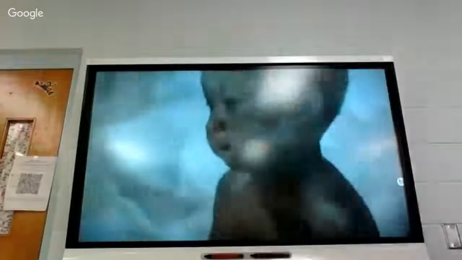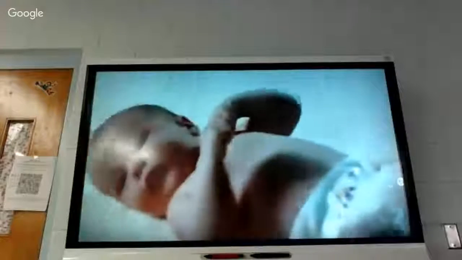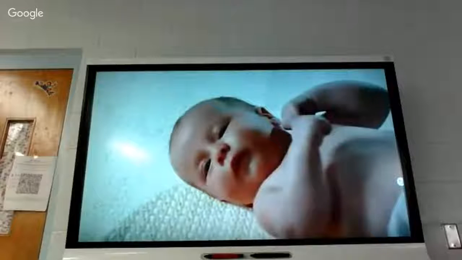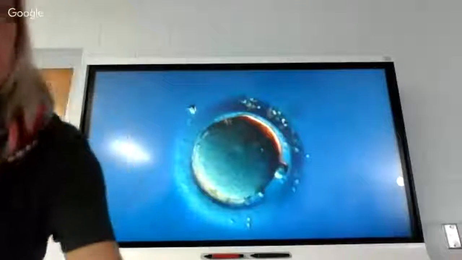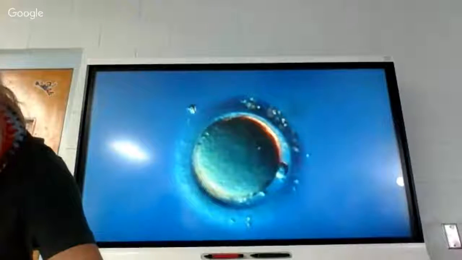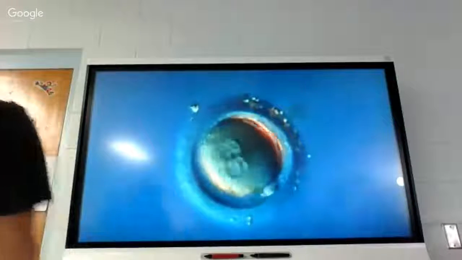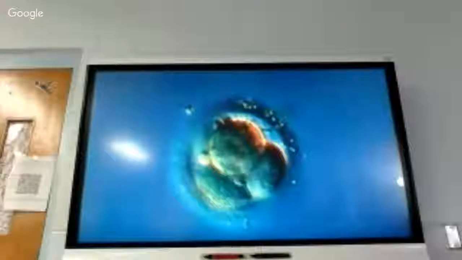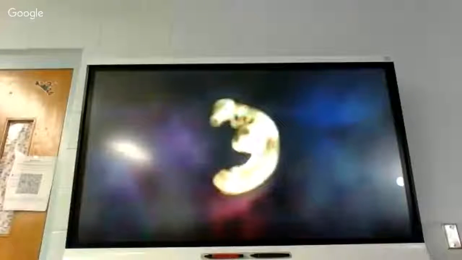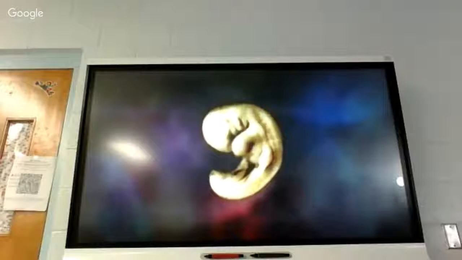But as ordinary as it seems, creating a new human being is no simple feat. Just think of it. No matter who you are, once upon a time, you looked like this. From a single cell, you built a body that has 100 trillion cells.